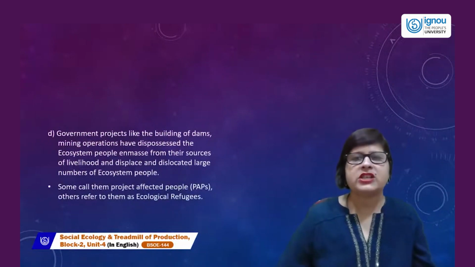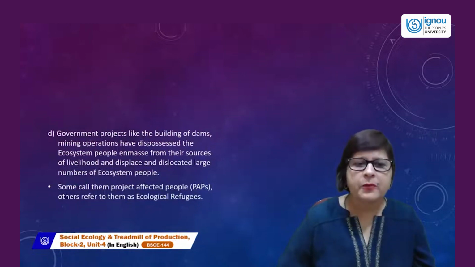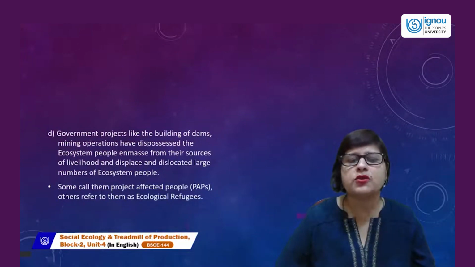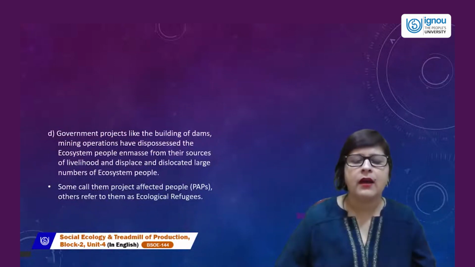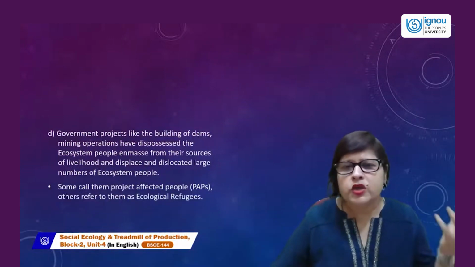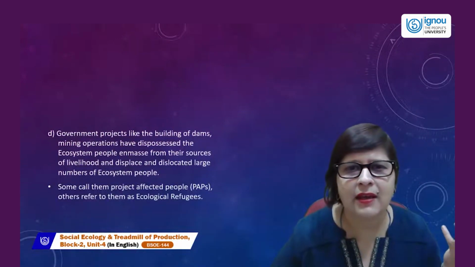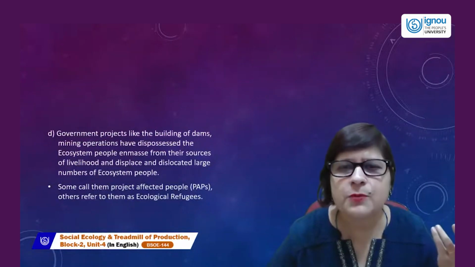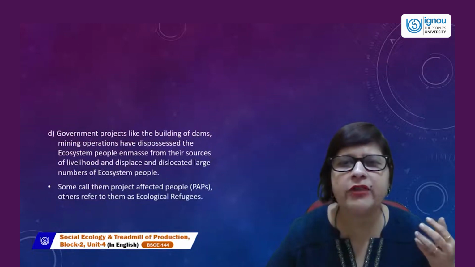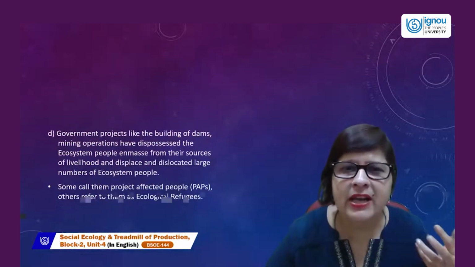Government projects like the building of dams, roads, and mining operations have displaced the ecosystem people in masses from their source of livelihood, dislocated them. Usually, the state displaces these marginalized people, tribal people, in the name of development, like for the building of dams and for mining operations.